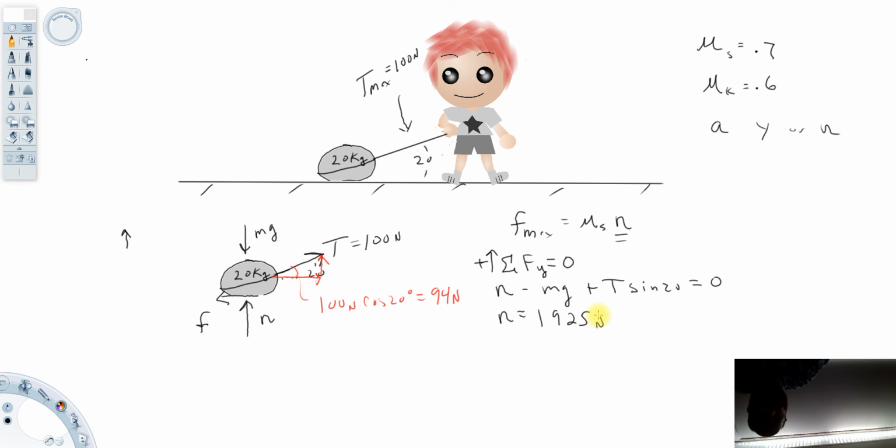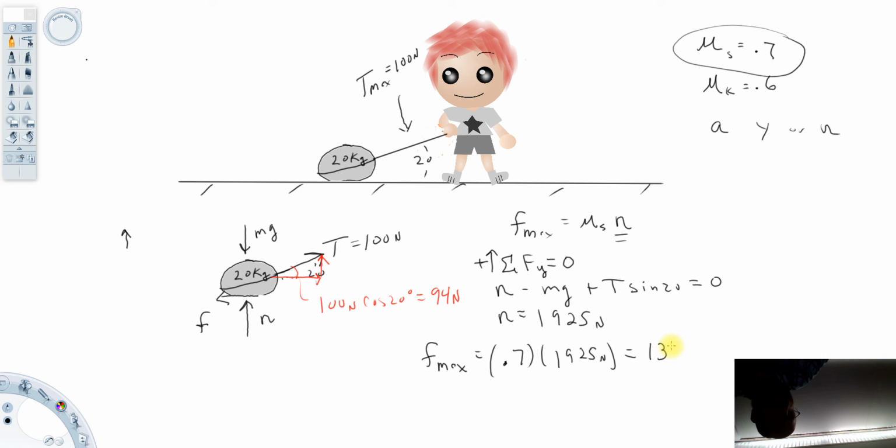Okay, so now our maximum possible frictional force. And now we're going to look to here. Our static coefficient of friction, 0.7, times our normal of 1925 newtons. Looks like it's not even close, but 1,347.5 newtons.